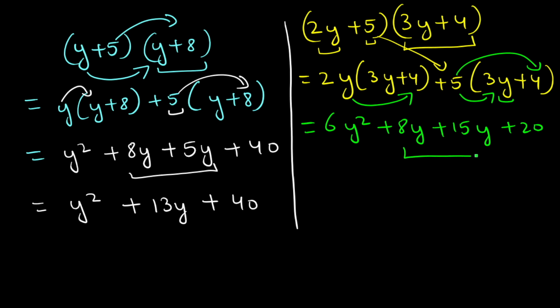And now we just have to combine these two like terms together, and we get 6y square plus 23y plus 20. Okay, so this is our final answer. I hope you were able to understand it.